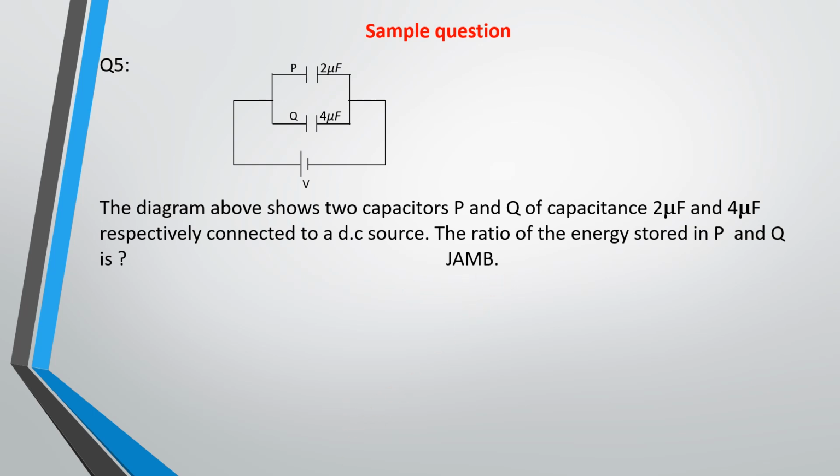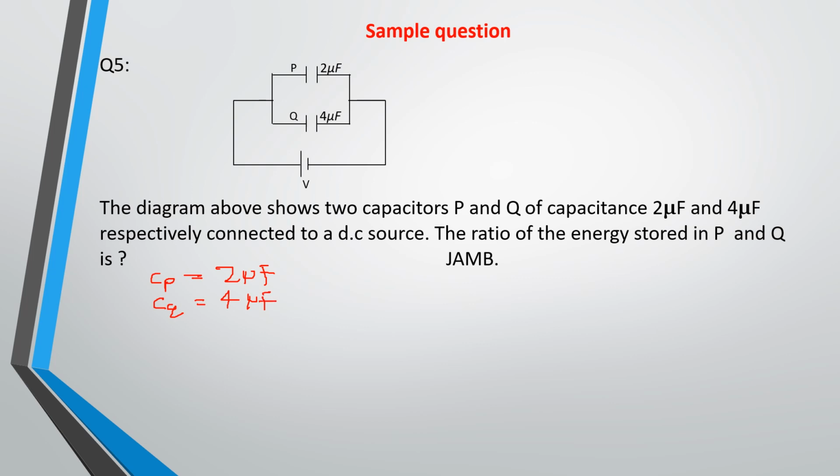Now, from our initial discussion, for this particular question, you are given the capacitance of P, Cp, is equal to 2 microfarad, and Cq is equal to 4 microfarad.